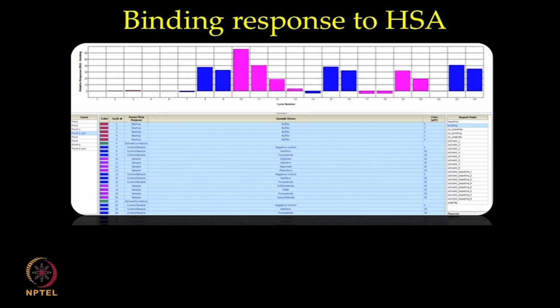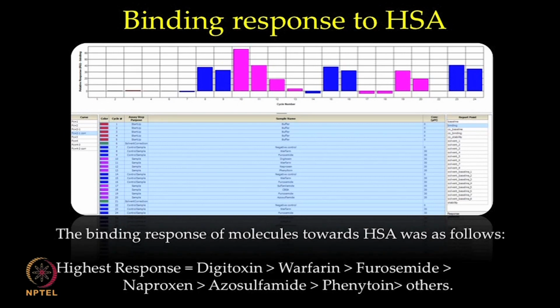In this case, digitoxin shows the highest affinity towards HSA, followed by warfarin, furosemide, naproxen, azosulfamide, phenytoin and others. The binding response for these molecules observed for human serum albumin correlated well with their expected affinities.